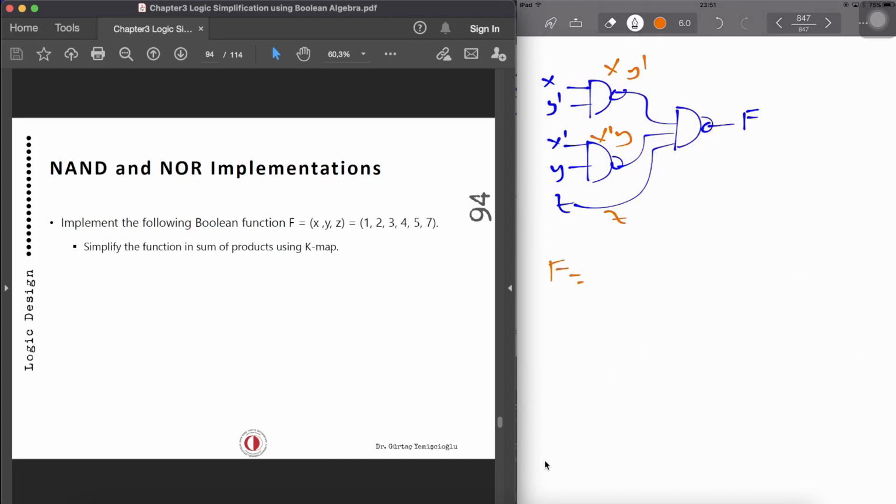So F is X, Y prime, dot X prime, Y, dot Z, and then prime. And this will end up X, Y prime, prime, plus X prime, Y prime, plus Z.